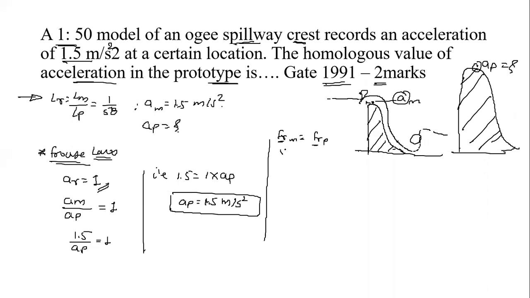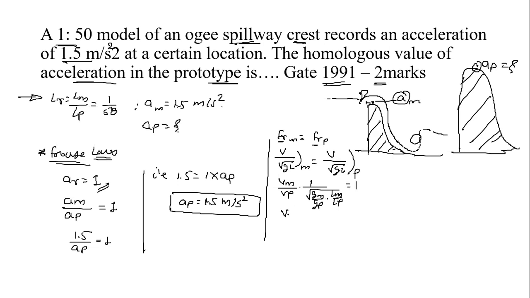That is, Vm divided by root gL of the model is equal to Vp divided by root gL of the proto. Take the same things here, Vm by Vp, into 1 upon root of gm by gp into Lm by Lp is equal to 1.